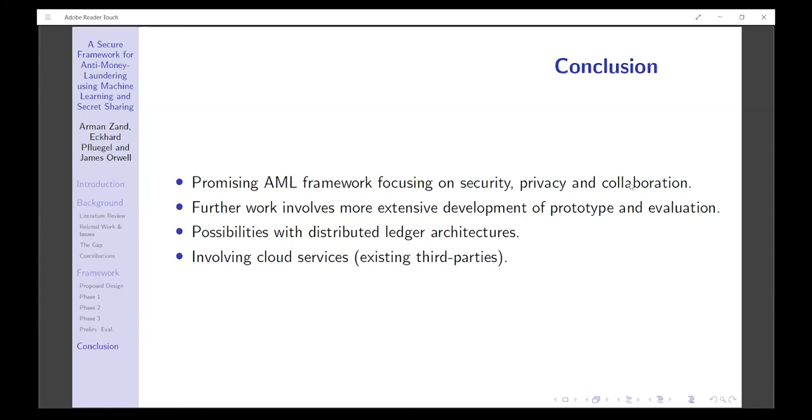So, conclusion: it's a promising anti-money laundering framework, which focuses on the security, privacy and collaboration elements. Specifically, the collaboration element is very powerful, so that you get more information and can have a clearer view of what is going on. All of that is still happening because we employ security and privacy through cryptography.